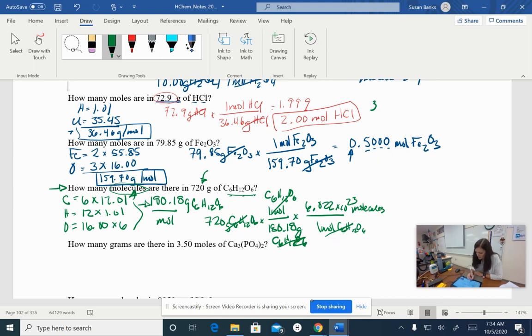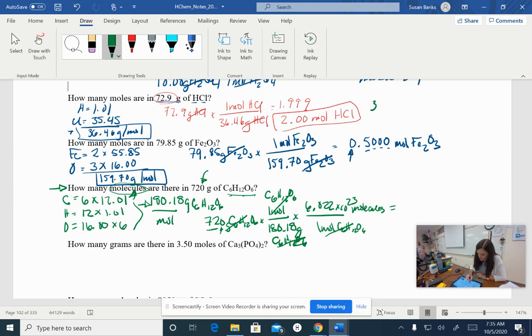So I'm going to take 720, I'm going to divide it by 180.18, and then I'm going to multiply it by 6.022 times 10 to the 23 molecules to get molecules of glucose. So when we are all said and done here, our calculator gives us a whole bunch of numbers, but we only have 2 sig figs here.